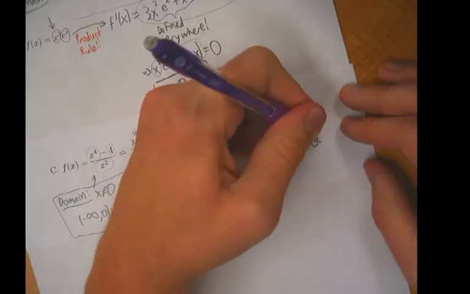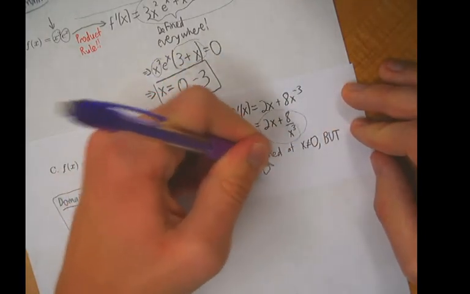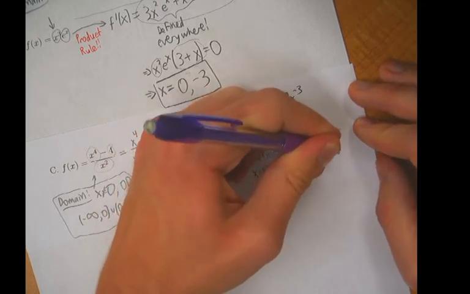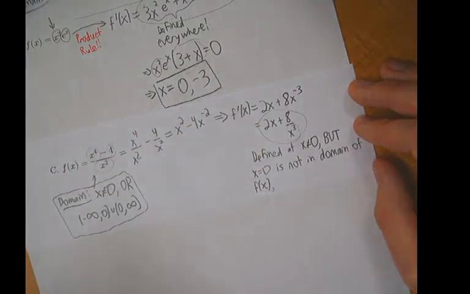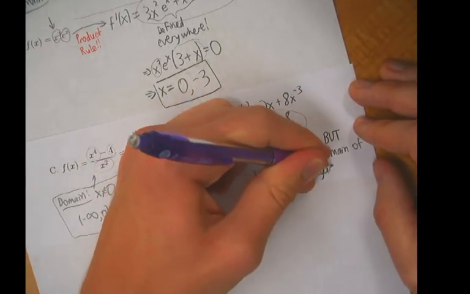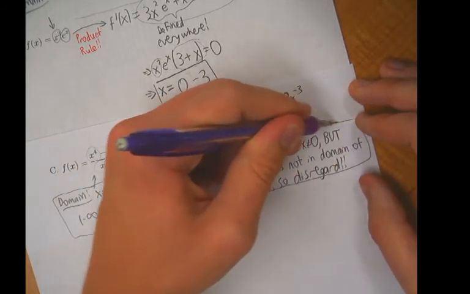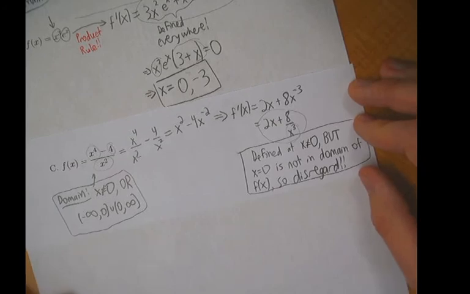But x equals 0 is not in the domain of f of x. So we can just completely disregard this here. Because of that, we don't care about x equals 0 as a critical point in this problem, because it's not in the domain. So that automatically disqualifies it as a critical point here. Okay.